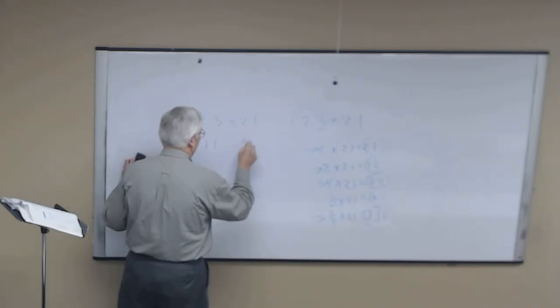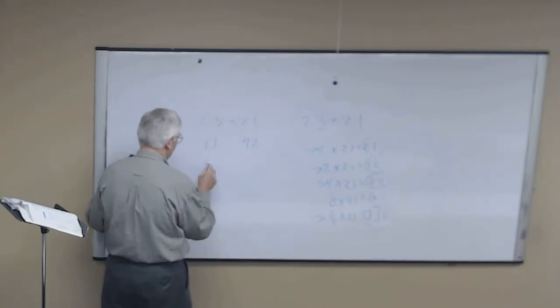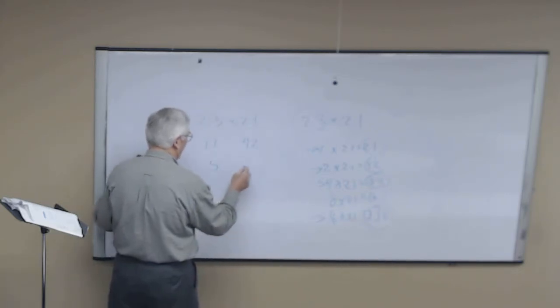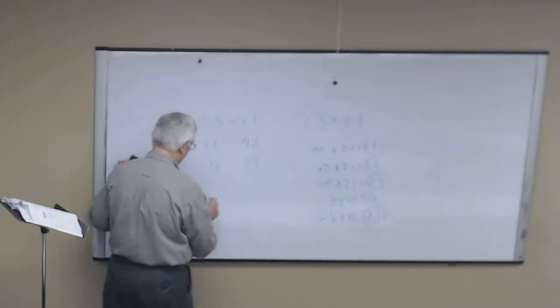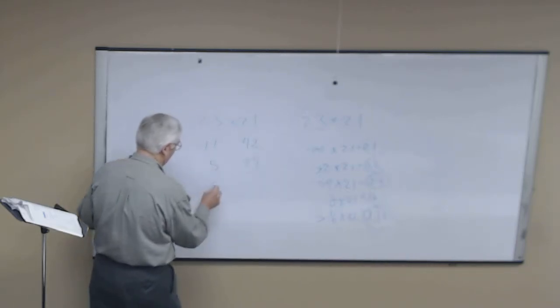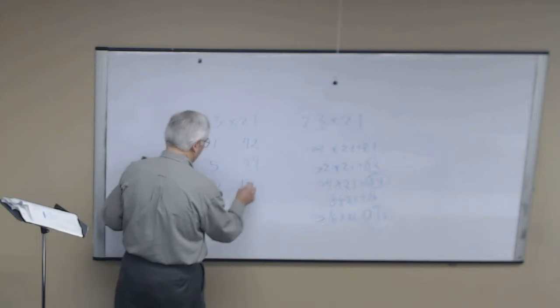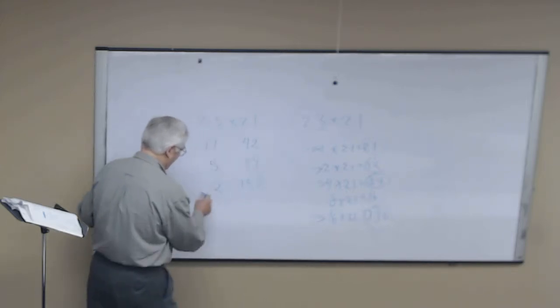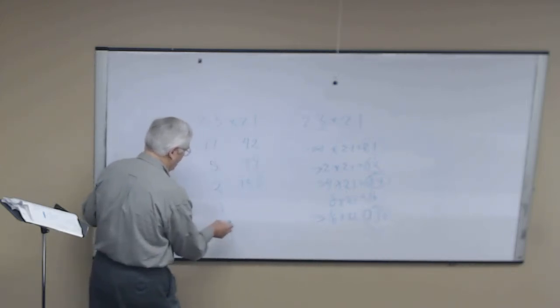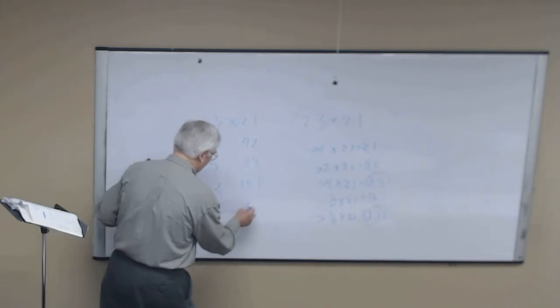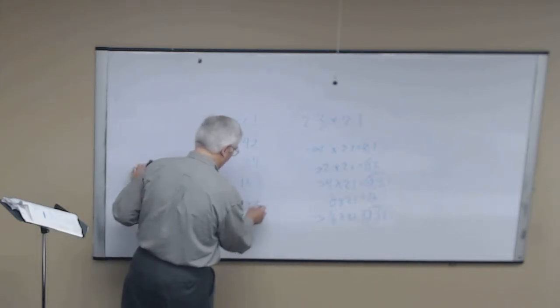And I double this and I get 42. I divide this by 2, I get 5. I double this, I get 84. I divide this by 2, I get 2. I double this, I get 168. I divide this by 2, I get 1. I double this, I get 336.